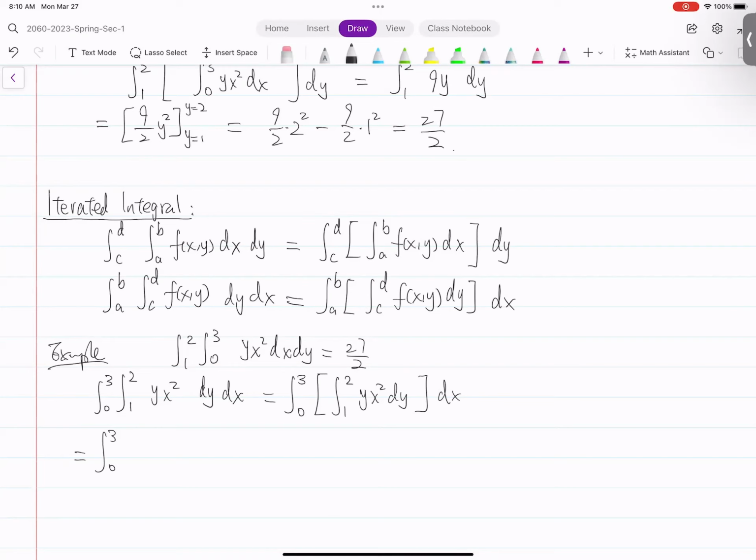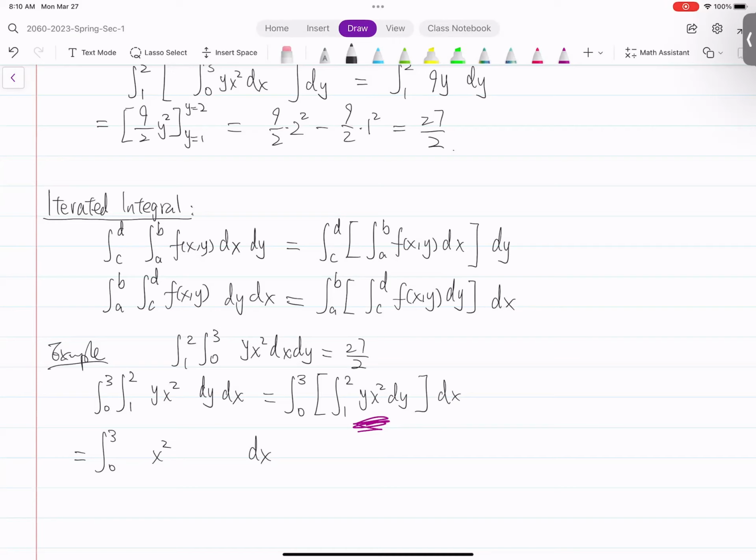And then, okay, so dx is going to be here. But then we're going to calculate what's inside the bracket. Okay. And now, for this part, this is the integration about y, right? And then we are treating x as a constant. Okay, so x does not change here. It's going to be just a constant multiplier. So you will have x squared that's not going to be changing.